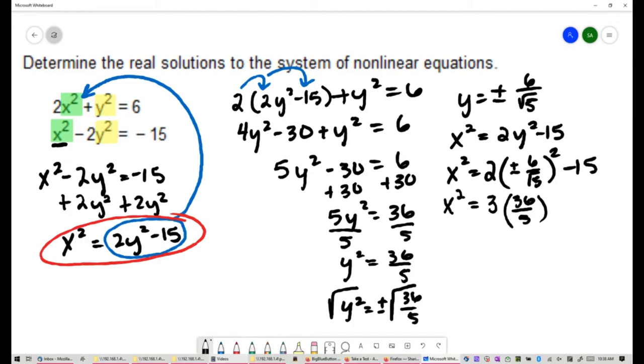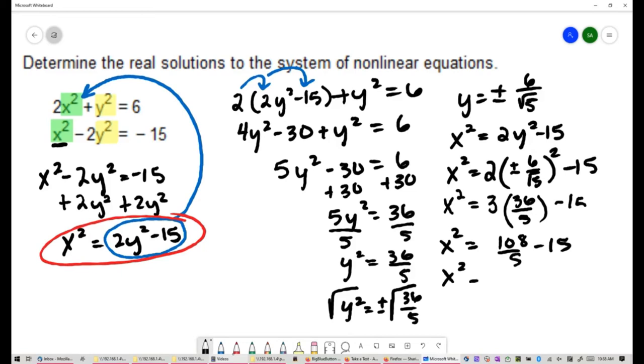I square the 6, 6 squared is 36, and square the square root, they cancel, giving me the 5. So then 36 times 3 is 108. So I have 108 over 5 minus 15 equals x squared.